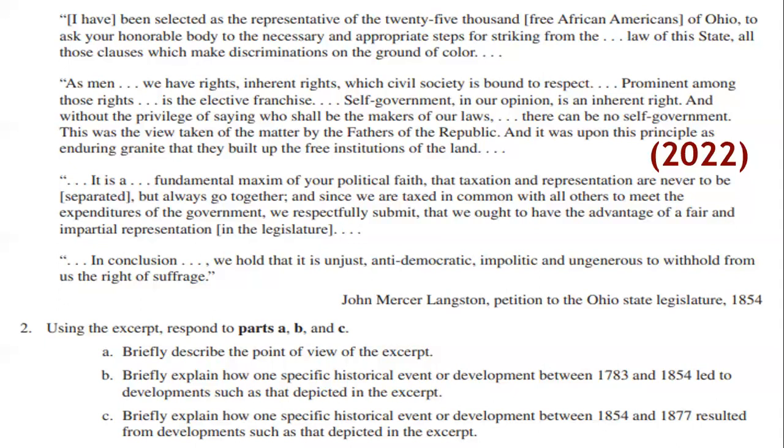Almost very similar to what you just saw in the cartoon, you're now seeing it in a text. You have to read these texts. You've got to slow down. I'm going to give you a different strategy for the multiple choice test, but if they give you a text-based document, slow down and read it, because you're answering questions about it and you have to write it out. Okay, that's SAQ number 2.